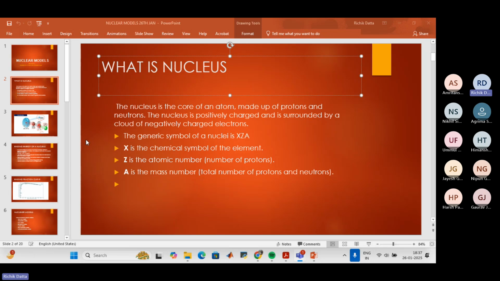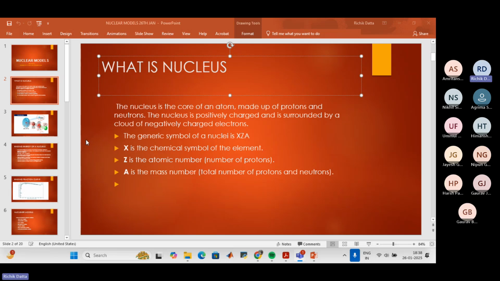Okay, so this will be the number of protons. I have already said that A is the mass number, the total number of protons and neutrons, and Z is the atomic number, the number of protons. For oxygen 16 8, Z is 8 and A is 16.